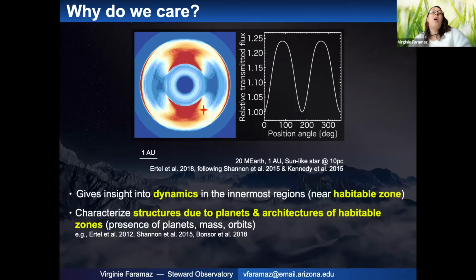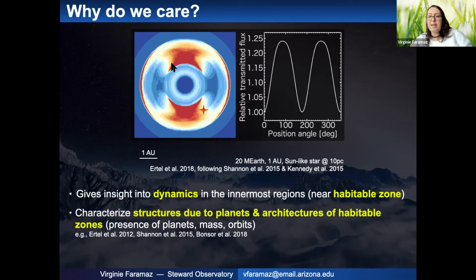Here is an image from a simulation: a 20 Earth mass planet at 1 AU around a sun-like star, and this is how we expect to see it at 10 parsecs. You can see azimuthal structures. So observing exozodis, resolving them, and seeing structure in them could give us valuable insights on the content in planets and their dynamics in the habitable zone.